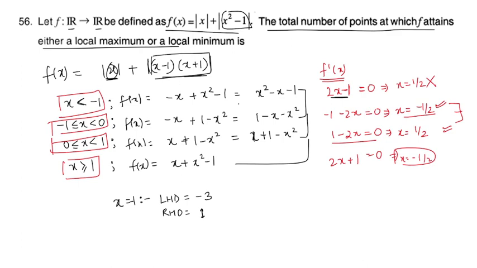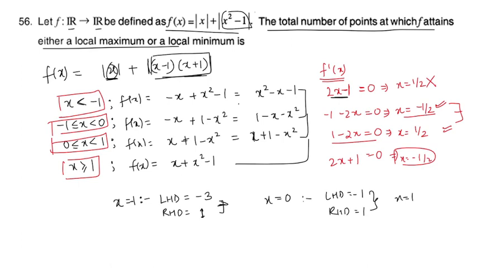And since at this place the derivative ceases to exist, we can consider it as a point of local maxima or minima. Similarly, at x equals 0, the left-hand derivative is equal to negative 1, and the right-hand derivative is equal to 1. Hence, again, the derivative ceases to exist, and this can be a possible place for local maxima or local minima.